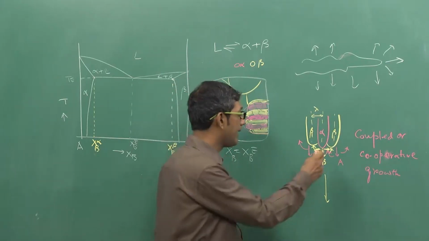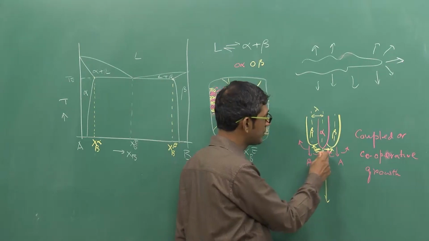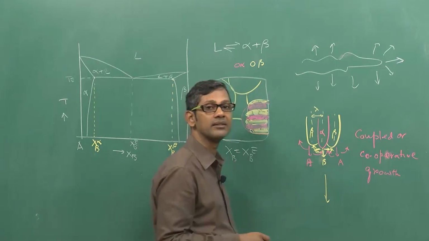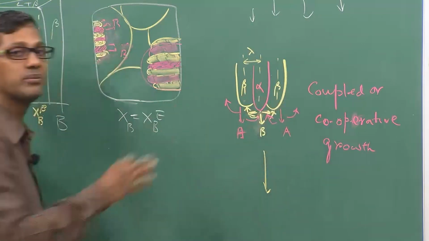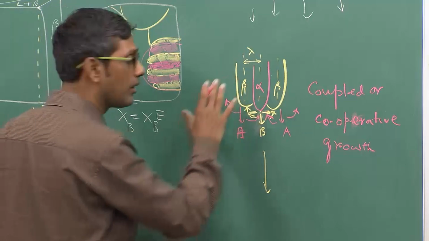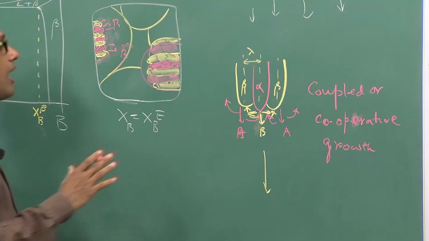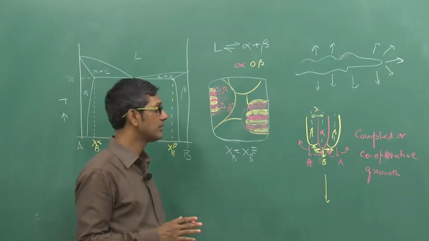Similarly, A atoms rejected by beta have to diffuse sidewise to reach alpha. These arrows indicate that, and this is completely interlinked. So therefore, this growth of eutectic is basically diffusional in nature, and any kind of model or mechanism for the growth of the eutectic must consider how this atomic transport happens across the interface sidewise.